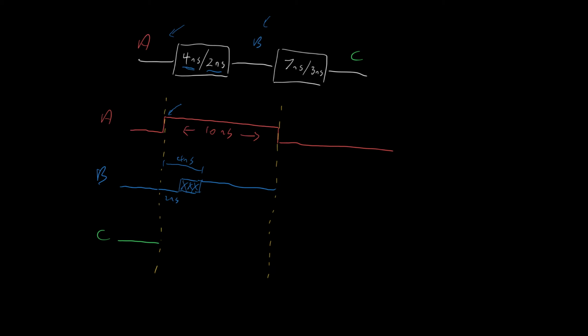The propagation delay timer expires 4 nanoseconds after the yellow dotted line, which is right here, and that's when the output is going to be valid. After the propagation delay is up, assuming the input has been constant for that period of time, then the output is going to be given by the truth table.